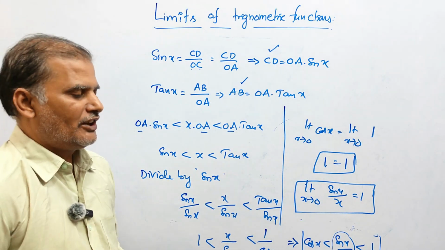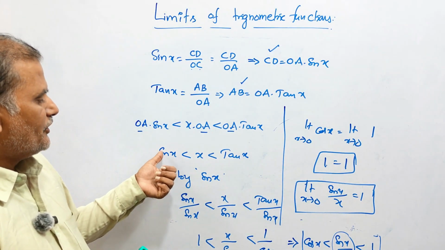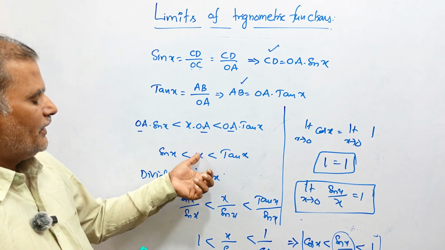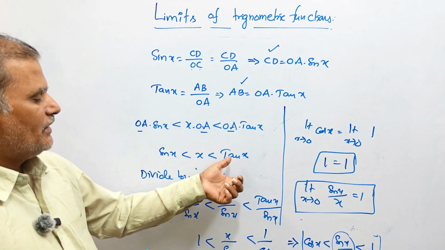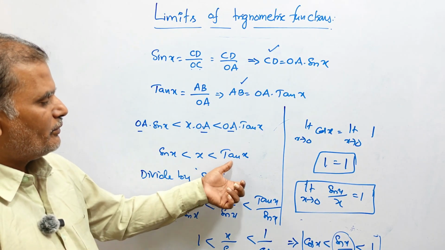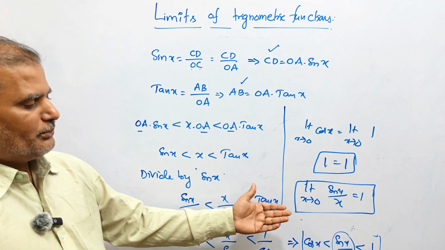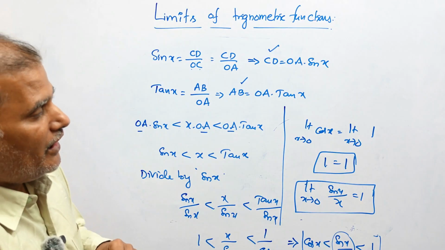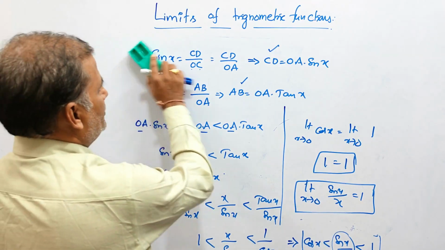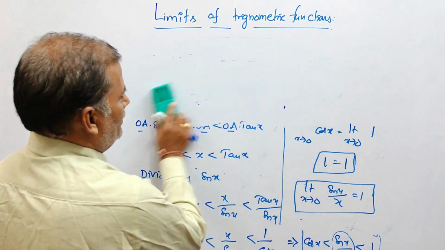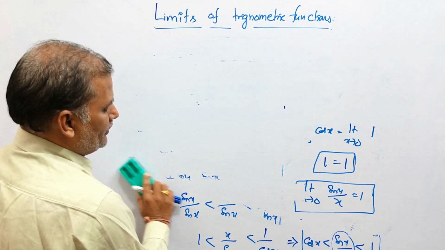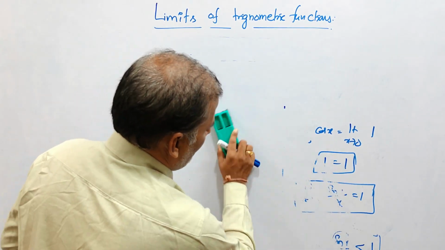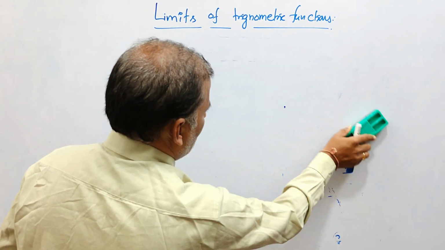Tan x by x is also 1, because sin x by x is equal to 1, and x by tan x, here tan x by tan x is 1, all divided by sin x. Now this is the proof of sin x by x is equal to 1 whenever limit x tends to 0.